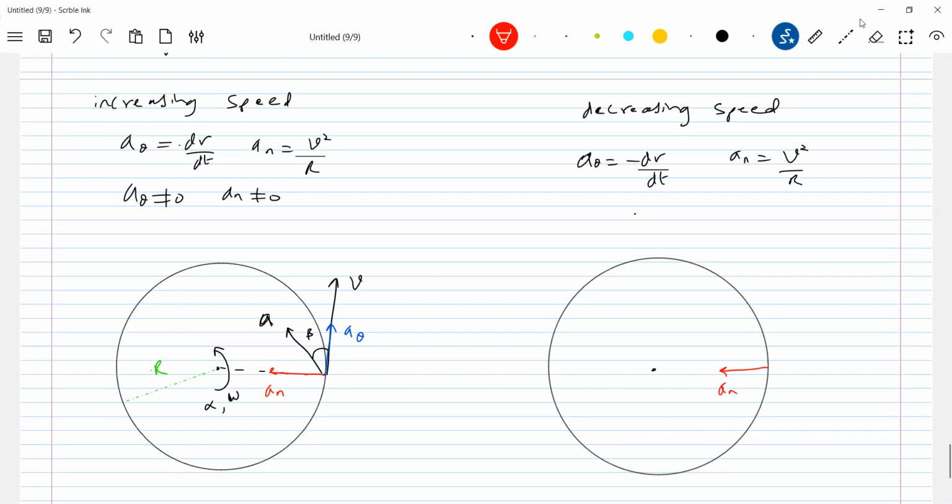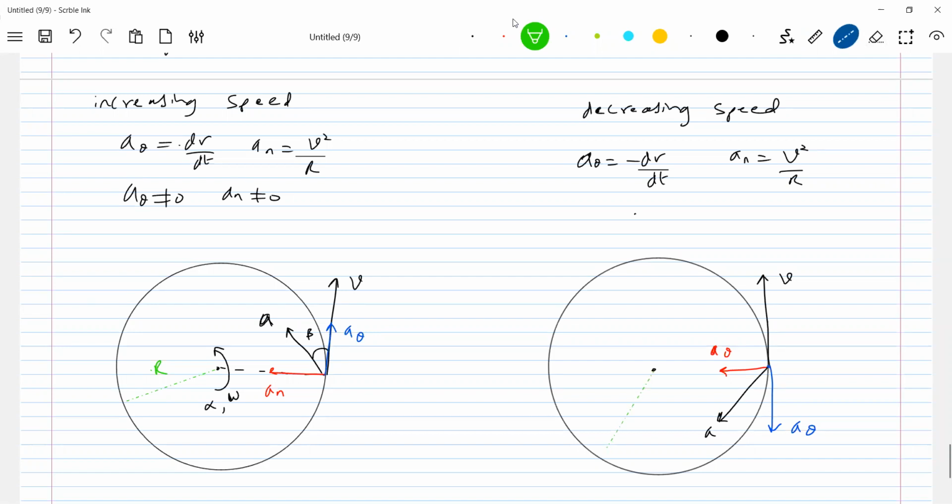Don't change the direction of it. The speed is in fact decreasing, but let it be like this here. So tangential acceleration will be in this direction, and the total acceleration vector will be like this. Got this? So this will be the radius of the circular path.